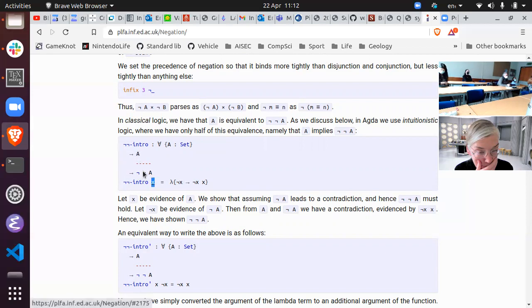In particular, we take in something of type X, we want a function that takes in a proof of not X, and we need to return the bottom type. Well, we can just apply not X to X. Is everyone happy why that construction is valid?